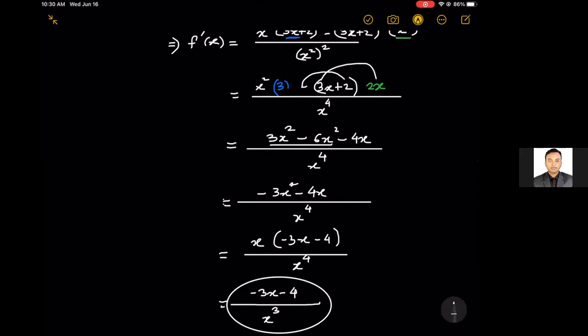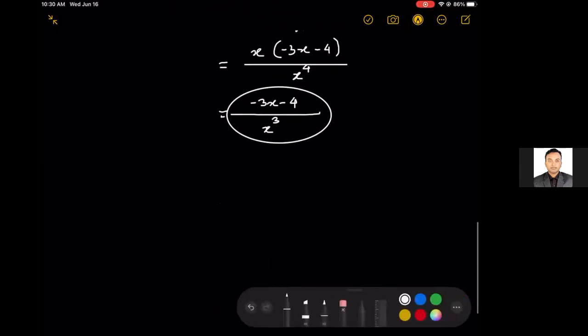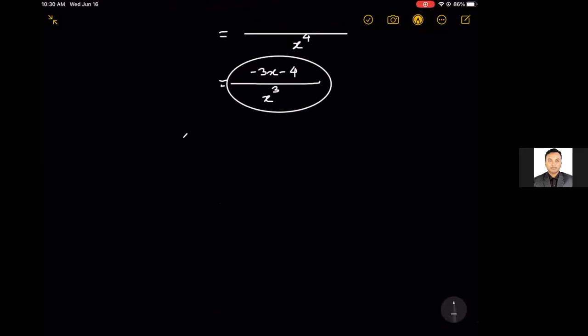Next, we want to see what happens if we try to solve it. So if we set this to 0, negative 3x minus 4 over x cubed will be 0.